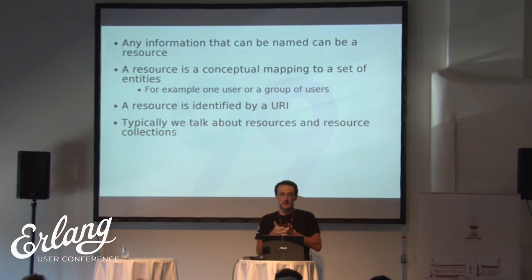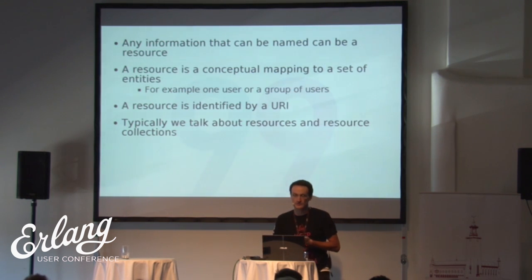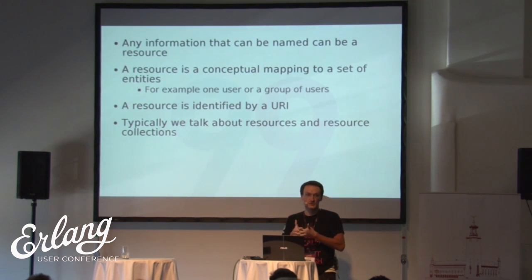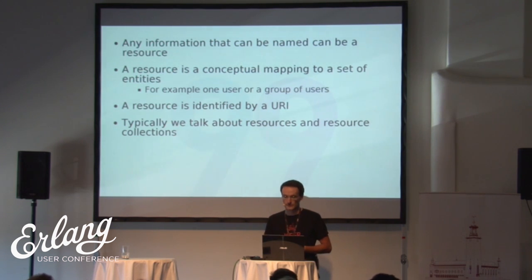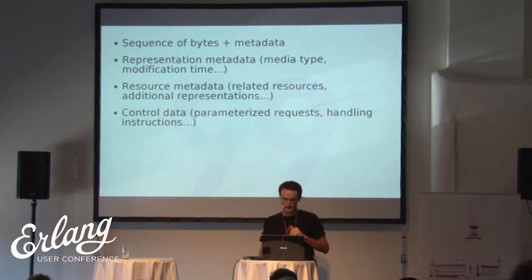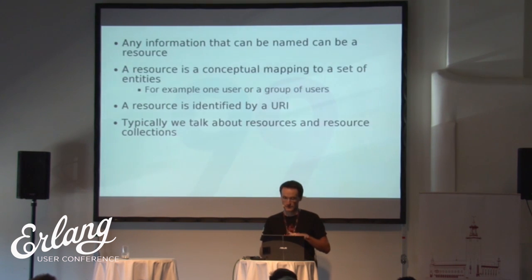A resource has an identifier. So this is the URI. This is pretty much the name of the resource. So this URI points to a resource. But if we have different URIs pointing to the same data, it is still two different resources.